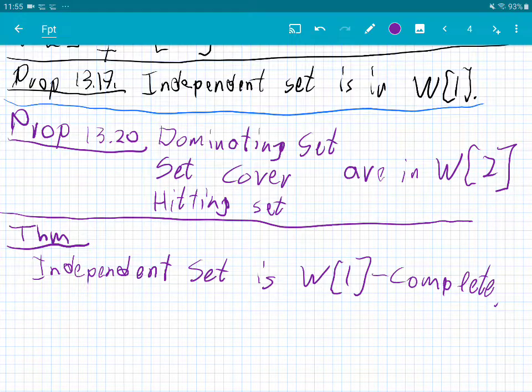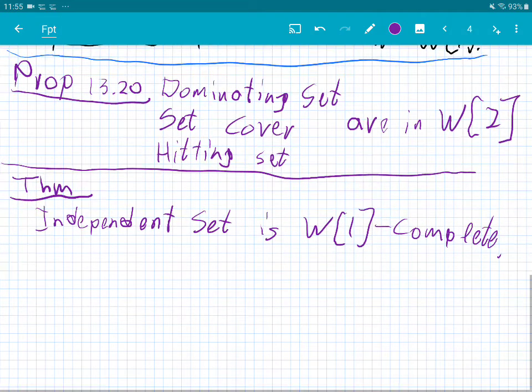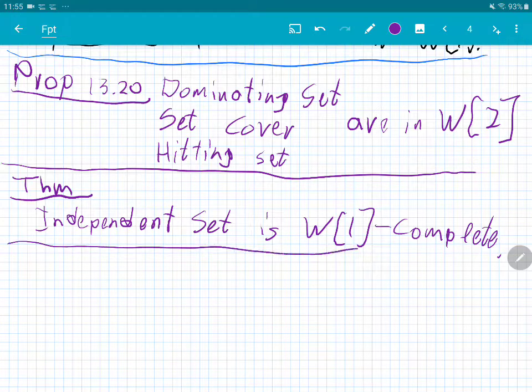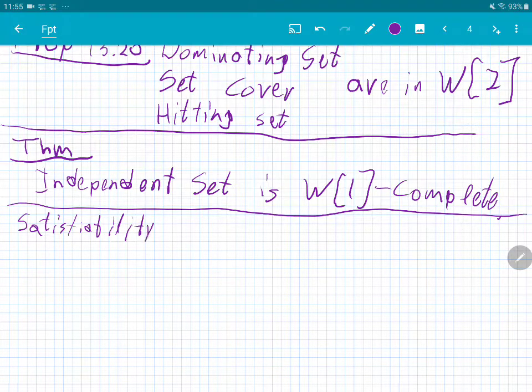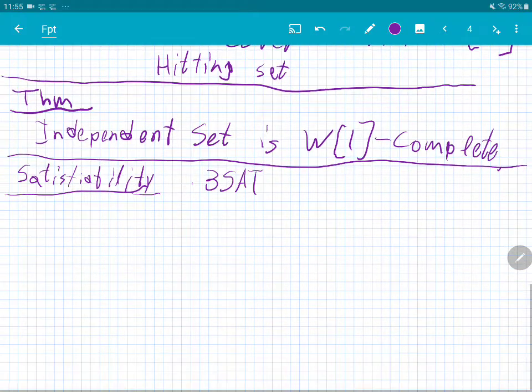Okay, so how do we continue from here? Let's go back to satisfiability and 3-SAT, right? Satisfiability, the classical satisfiability, is quite general. It allows you any circuit, but usually when we speak about completeness, we speak about 3-SAT, which is this canonical form of 3CNF, right?